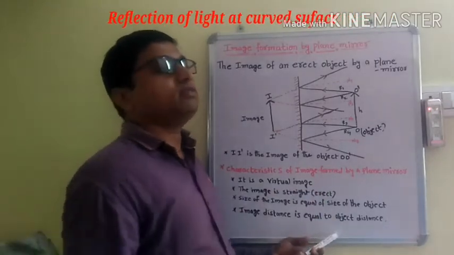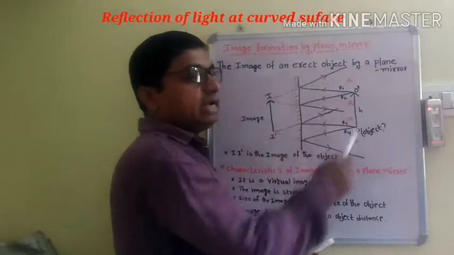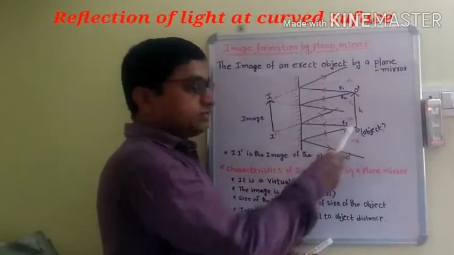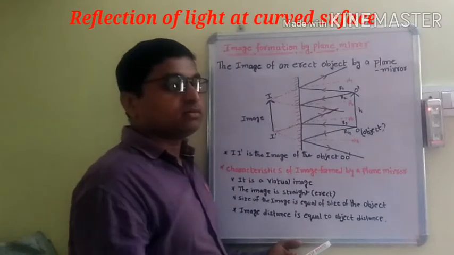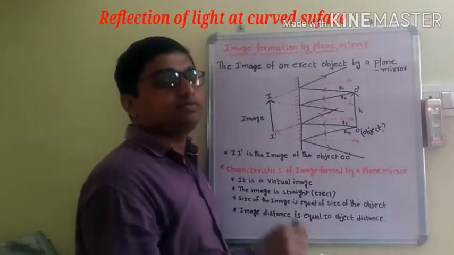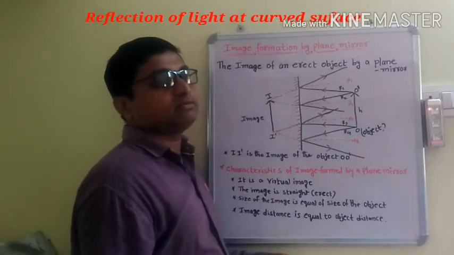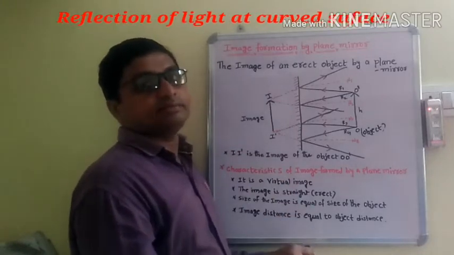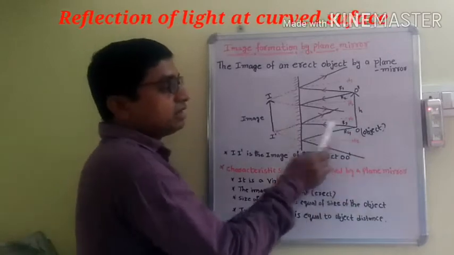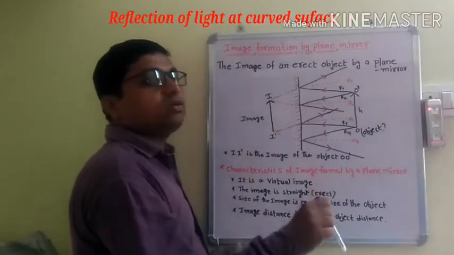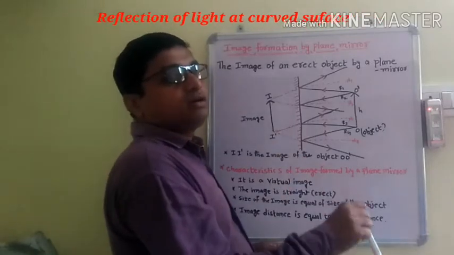Here we draw the normals N1 and N2. Next, from the bottom of the object, two light rays are coming and being reflected.